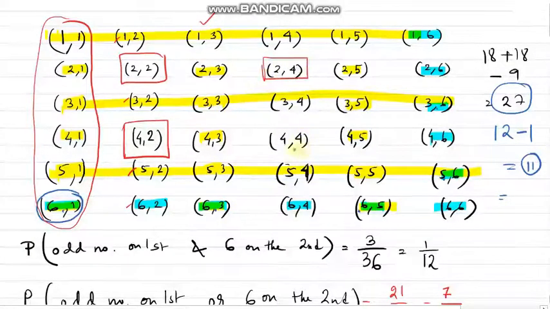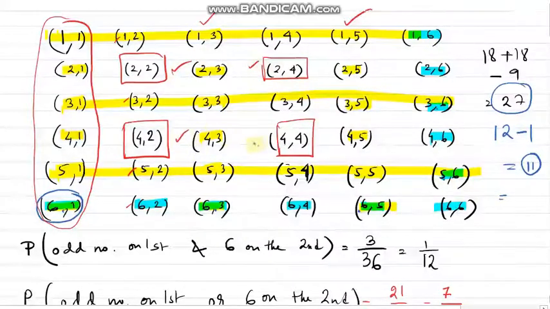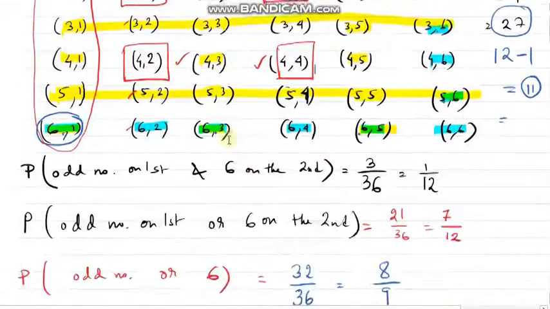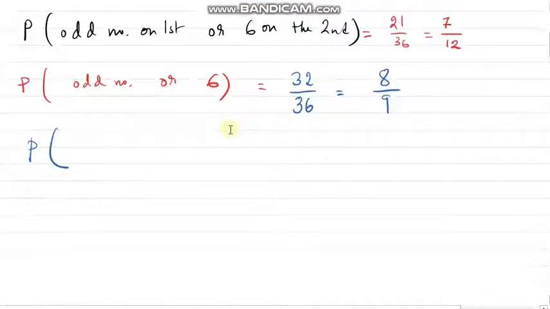Again these 2 events we don't have an odd number or 6. Again this line all over we have odd numbers. This line all over we have 6. So these 4 outcomes we have, such that there is not any odd number and not any 6.